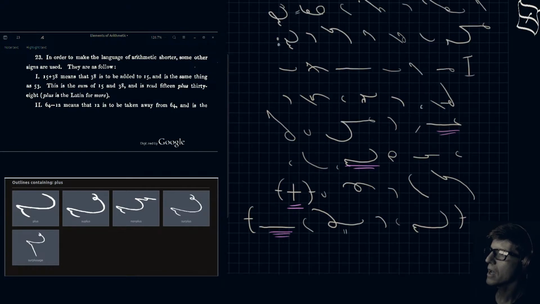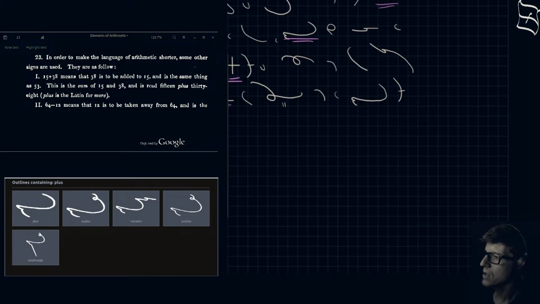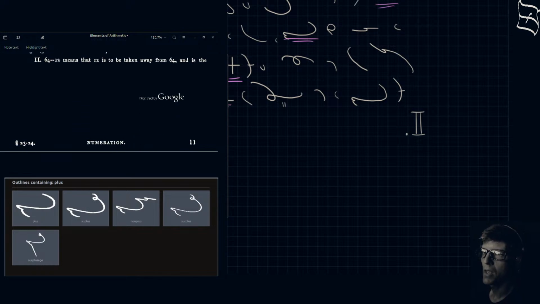All right, so that is the first paragraph. That's our first point, and now we do our second one for the second symbol. Remember, these symbols increase the brevity for the language of arithmetic. So what's the second one?